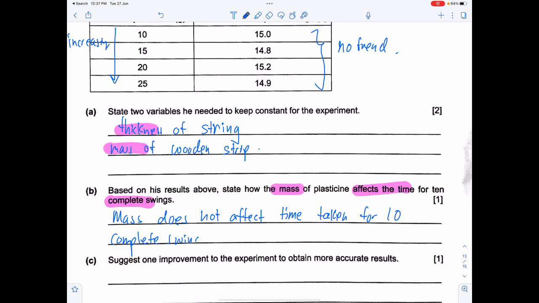And make sure you follow exactly what the change variable and measured variable are as stated in the question. Don't take the shortcut. Because if you take the shortcut, some of you will just say, oh, mass of plasticine does not affect the time.